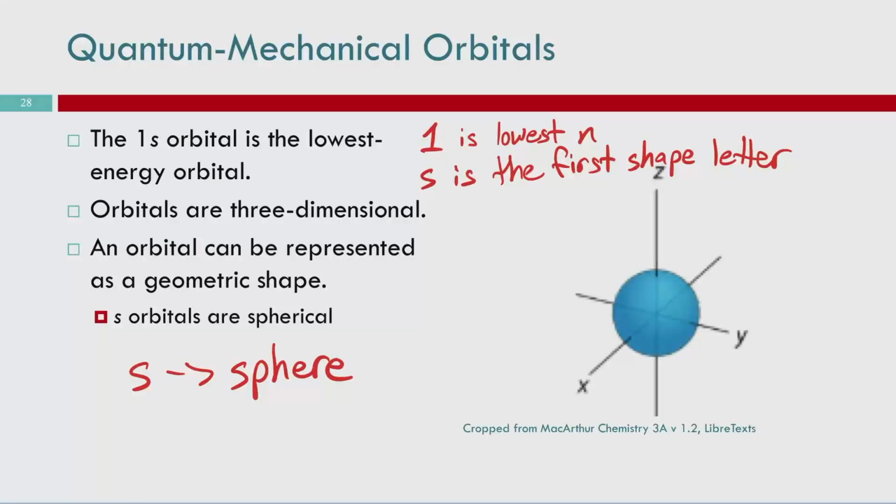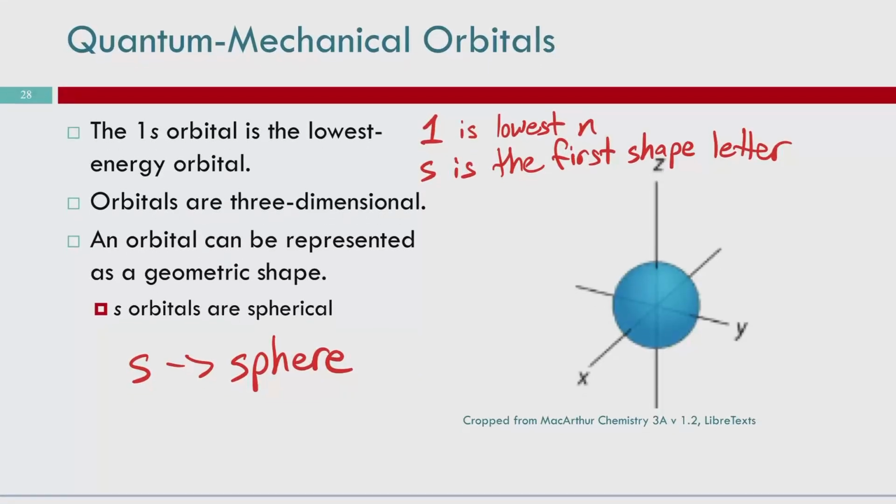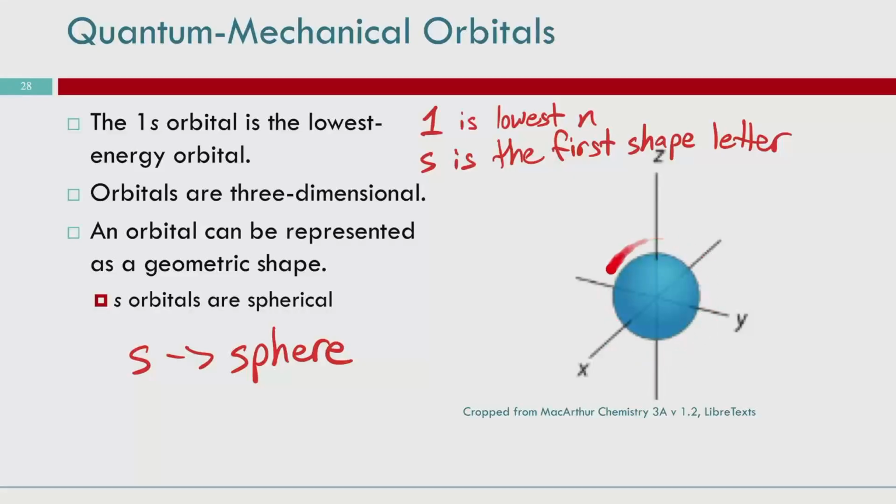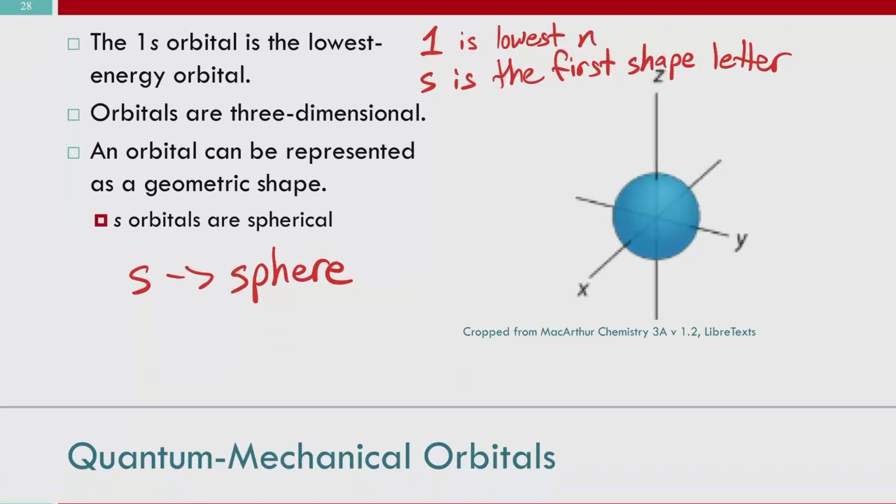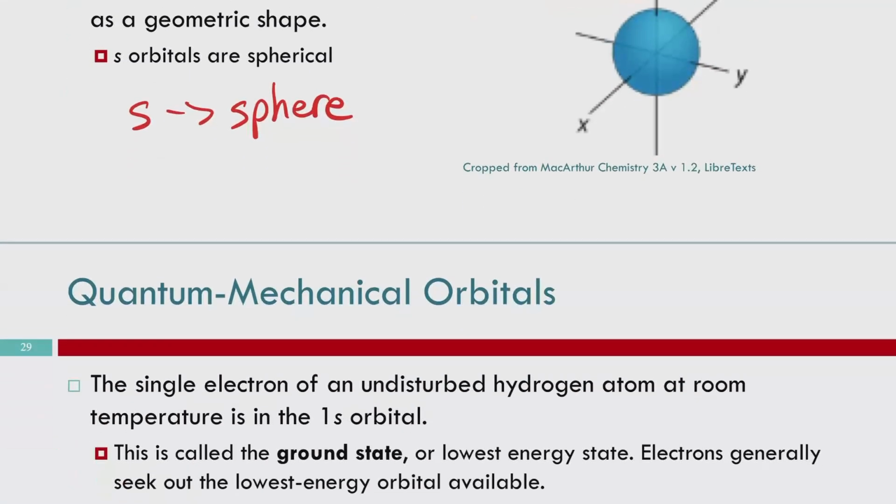And I mentioned that our letter, our subshell, is our shape family. So for S, we just have one shape in that shape family, and that one shape is a sphere, which is awesome. We love that. So we can represent our 1s as a sphere.